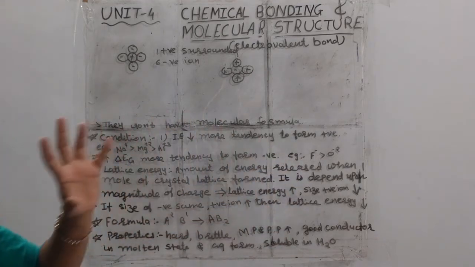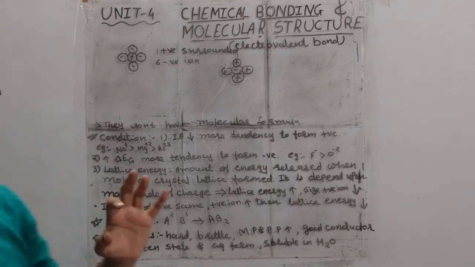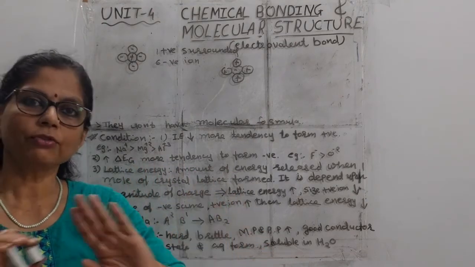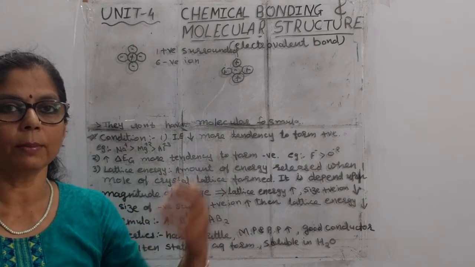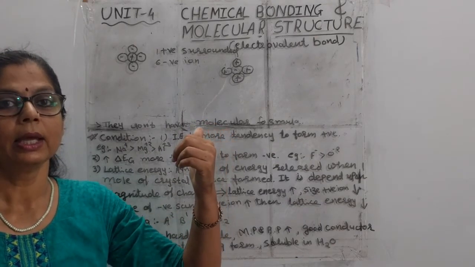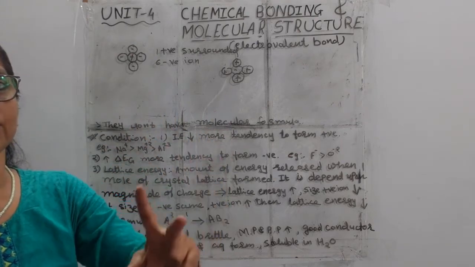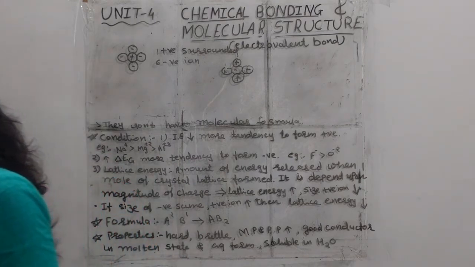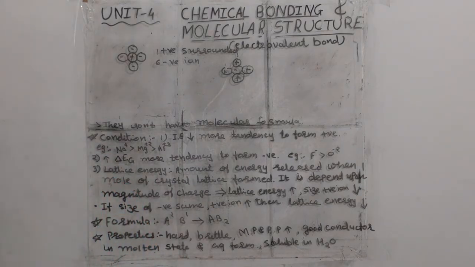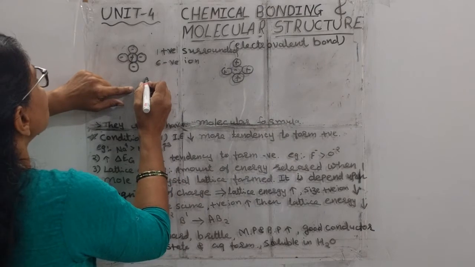The other condition for this is, suppose we think the size of the anion remains the same. If we think about the cation and anion, the size of the cation is always smaller than the size of the anion.